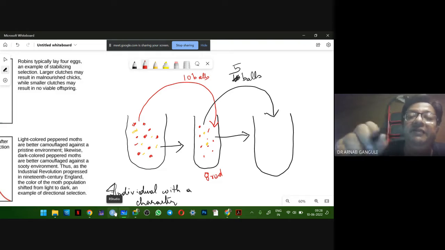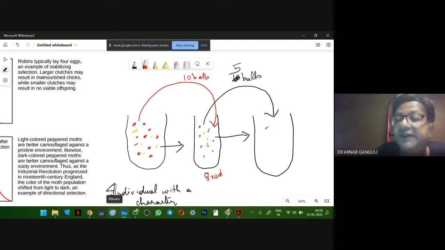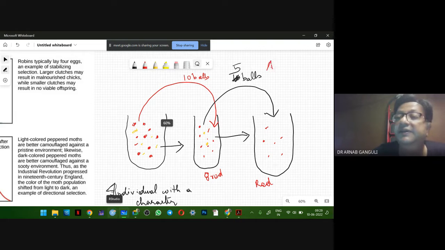It could very well be that all the 5 balls which you have picked up are red, and all the yellow balls disappear.